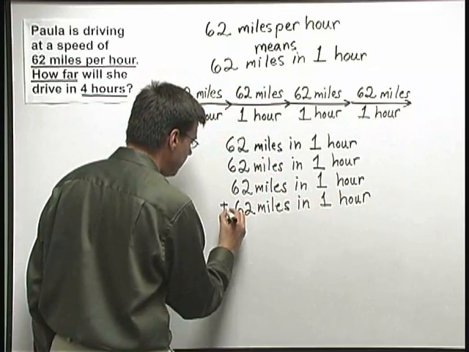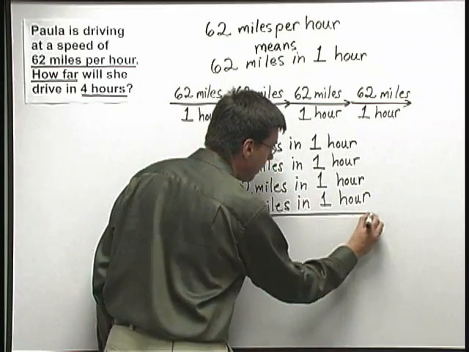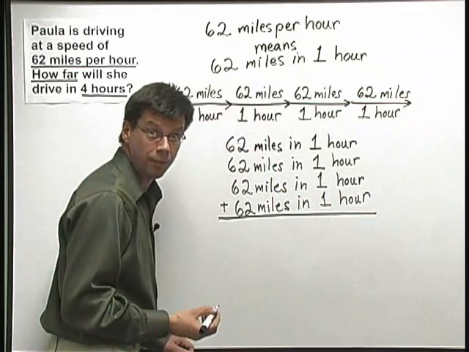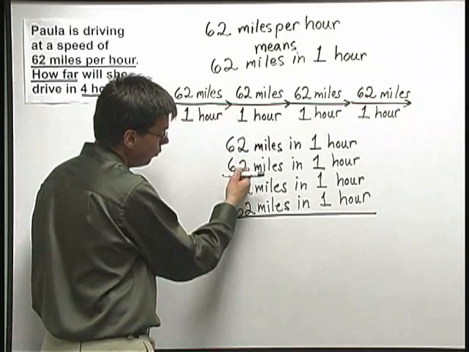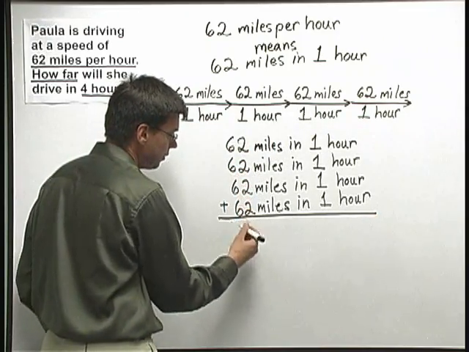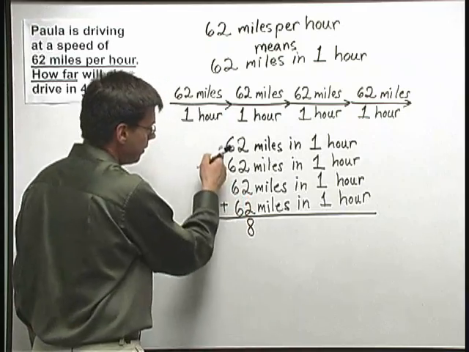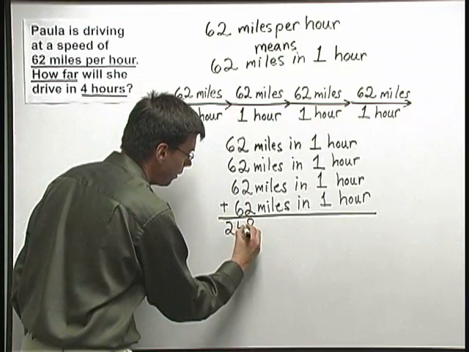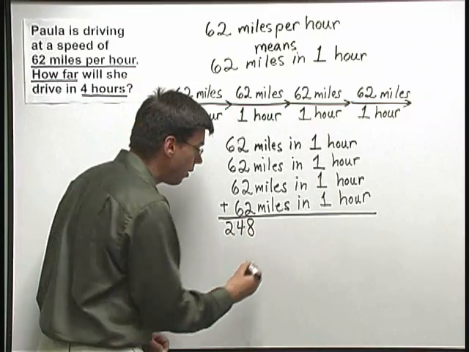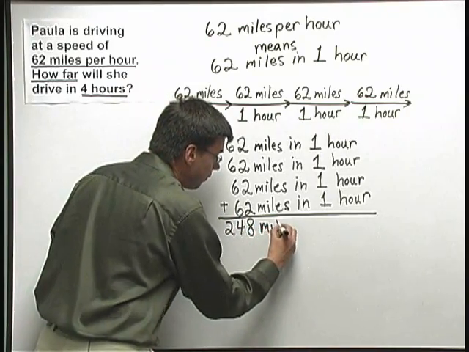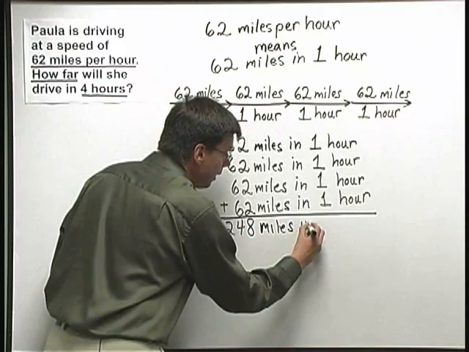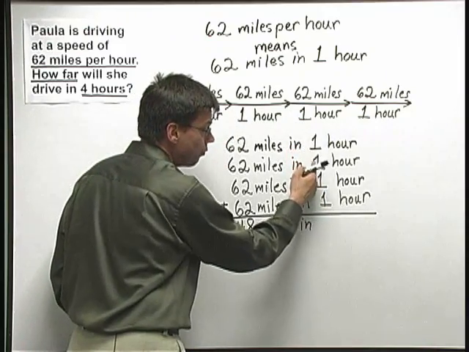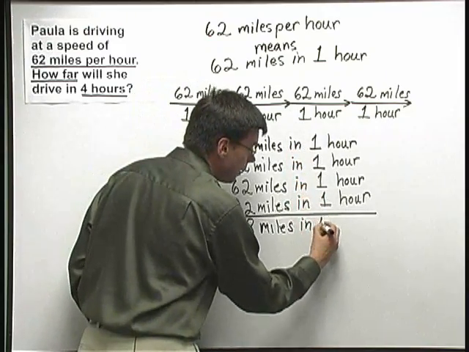And what we'd like to do is add up the total number of miles. 2 plus 2 is 4, 2 is 6, 2 is 8. 6 and 6 and 6 and 6 is 24. So we see she drove a total of 248 miles in 1 plus 1 plus 1 plus 1.